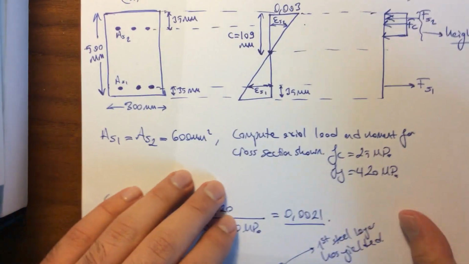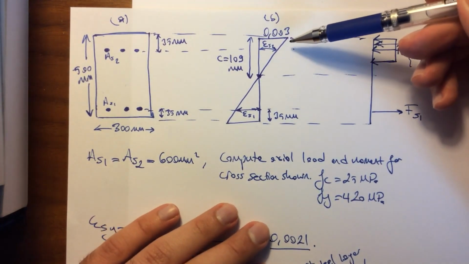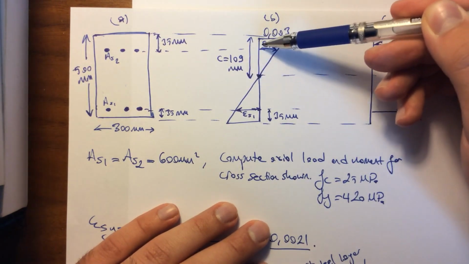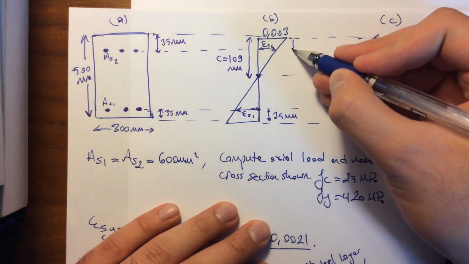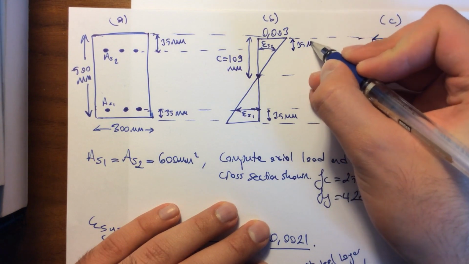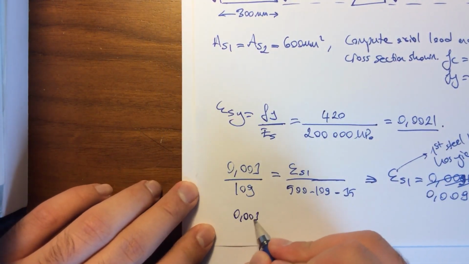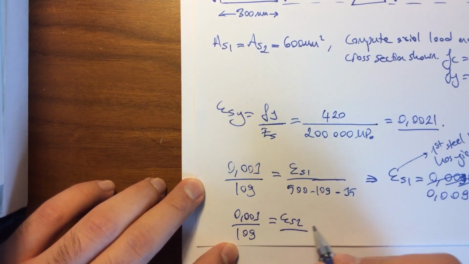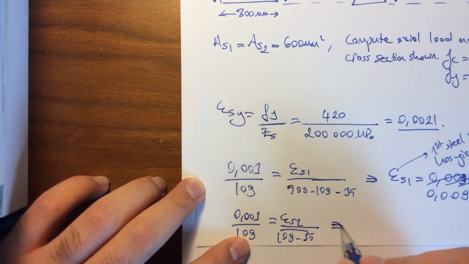Let's use the same similarity for getting ES2, and we will use an equation like 0.003 divided by 109 equals ES2 divided by 109 minus 35, because this distance again is equal to 35 millimeters. So let's write it here: 0.003 divided by 109 equals ES2 divided by 109 minus 35.